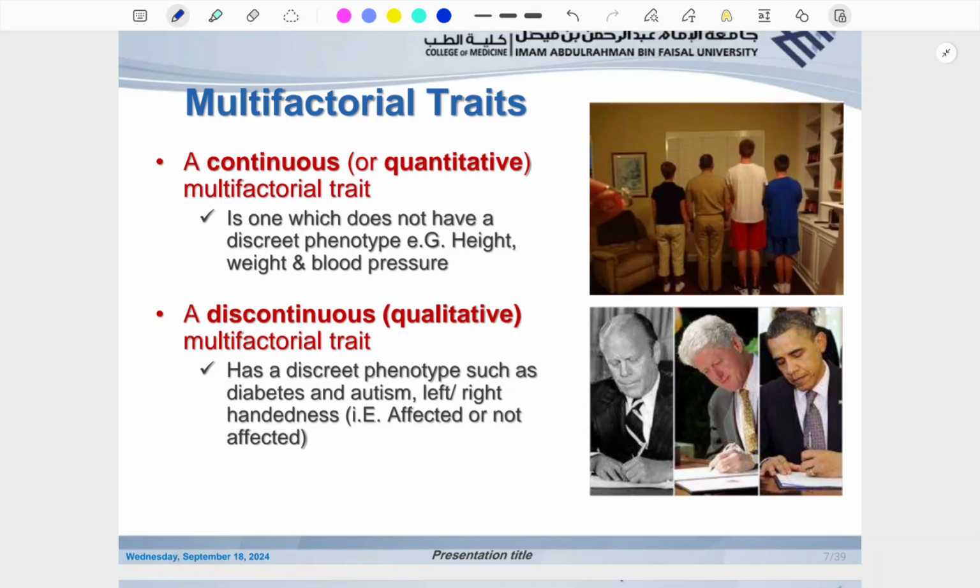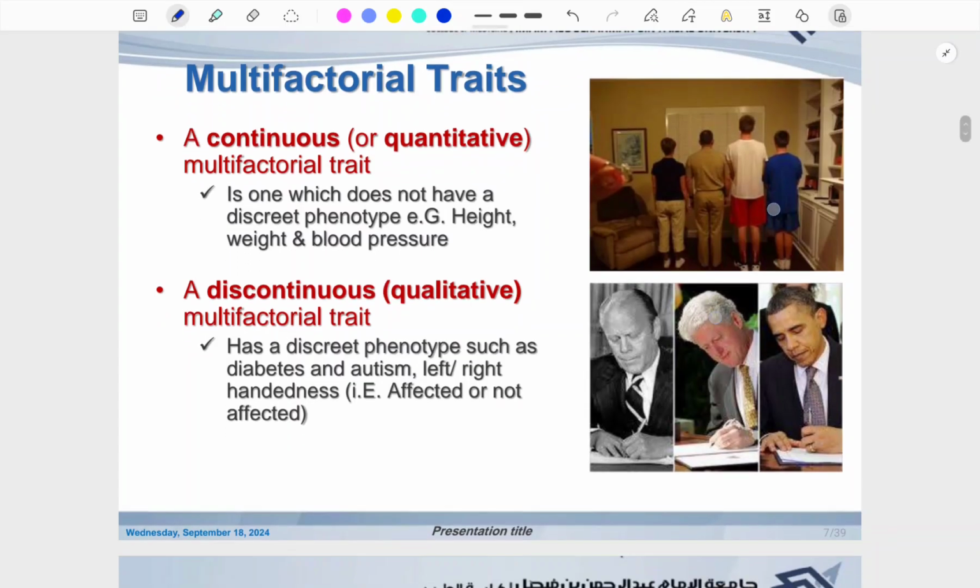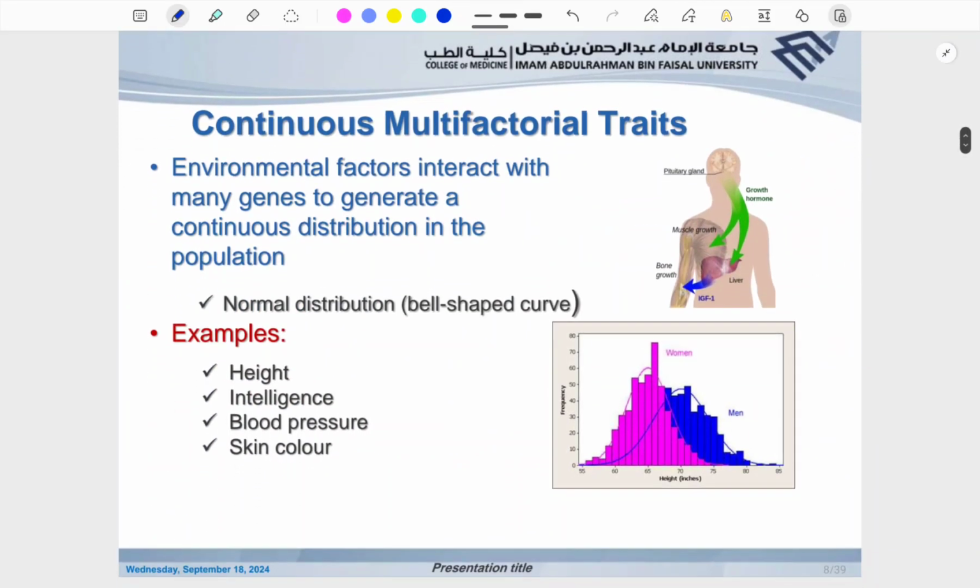The continuous multifactorial trait, the one which has no discrete categories, for example height, intelligence, blood pressure, skin color, response. If you plot the height of people, you will see a bell-shaped curve, from the smallest to the tallest. Right?